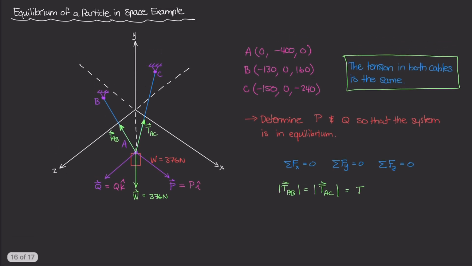So remember, as a general equation up here, I can write that our forces in 3D space are equal to the scalar component of that force times this thing called lambda, which is the unit vector along the line of action of F. So in this case, because we have two different forces in 3D, each one of these forces is going to have its own lambda. So a good place to start is to try to figure out the lambda for both TAC and TAB.